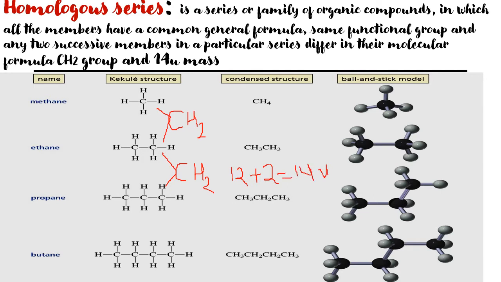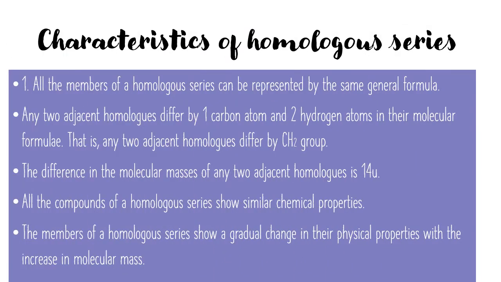That means in a homologous series between any two consecutive members there is a difference of CH2 group and 14 U of mass. Characteristics of homologous series.